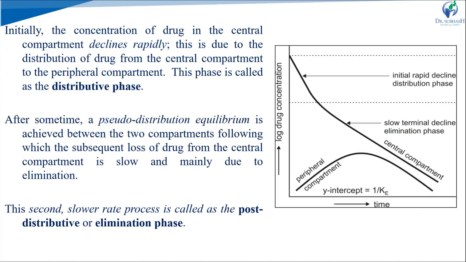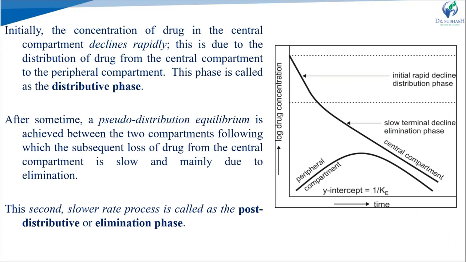So initially the peripheral compartment concentration increases to the maximum, corresponding with the distribution phase. In the central compartment it declines during the distribution phase; in the peripheral compartment it increases. Following the peak, the drug concentration declines, which corresponds to the post-distributive or elimination phase.